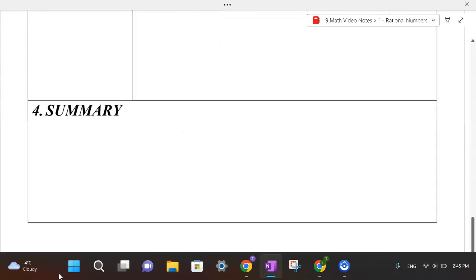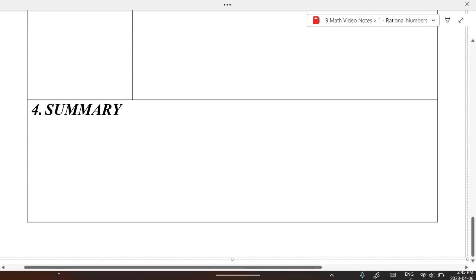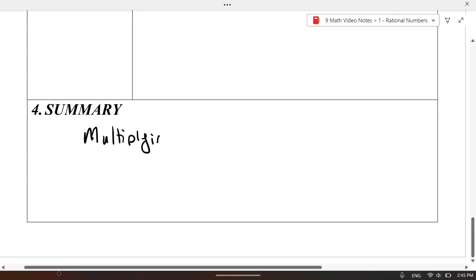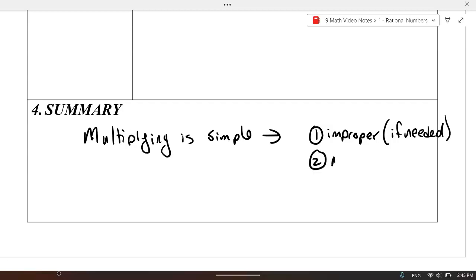Okay? So in summary, multiplying is simple. There are 3 steps. Change to improper if you need to. Step number 2, multiply across.